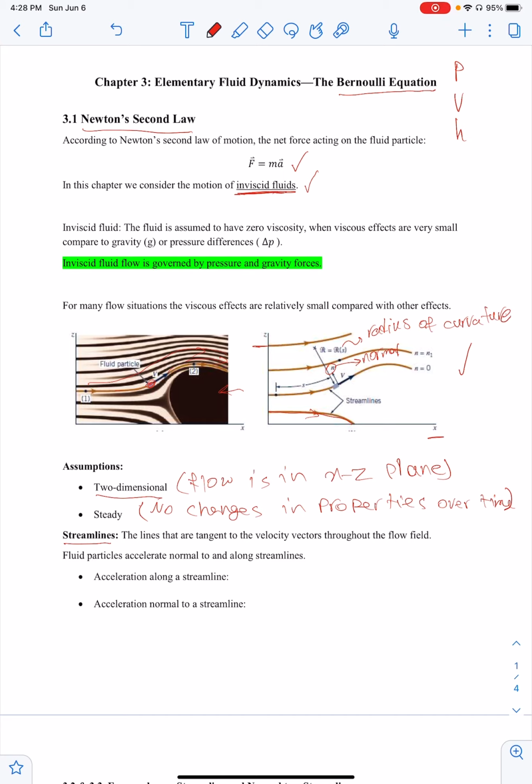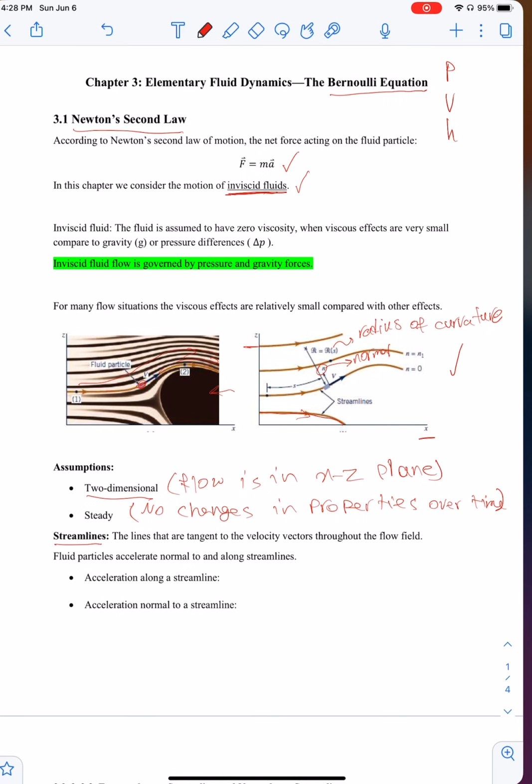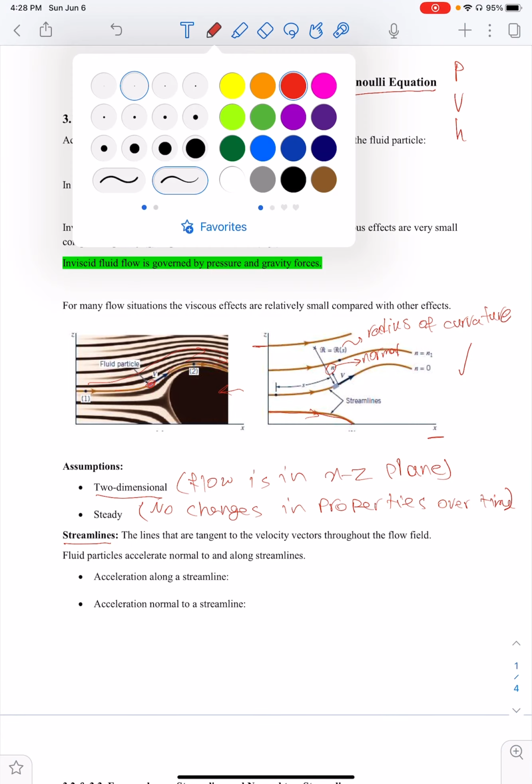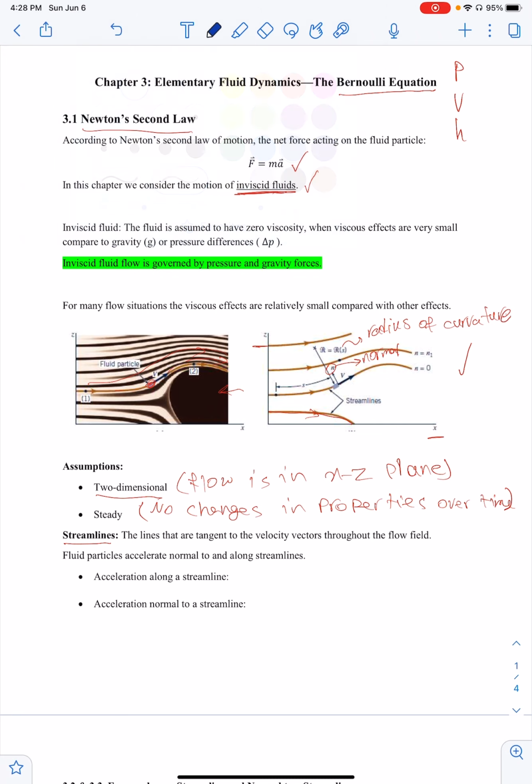Also, the speed of the particle generally varies along the streamline. So we can say that v, which is our velocity, depends on the position along the streamline.